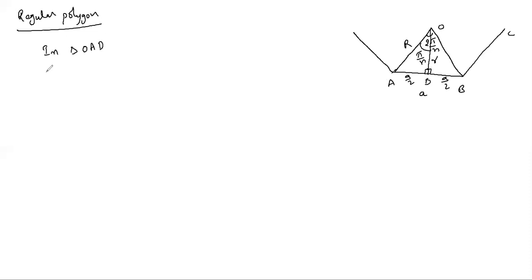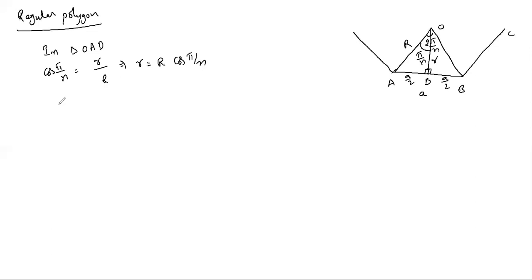The angle is pi by n, so consider cos pi by n. It is the adjacent side r over the hypotenuse capital R. So r equals R cos pi by n, the inradius in terms of circumradius.